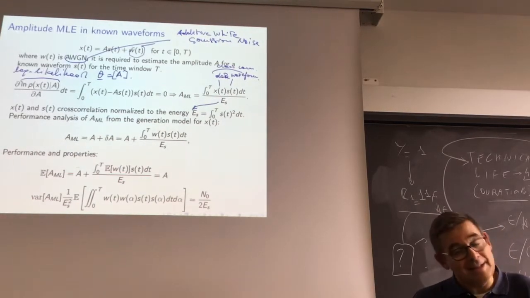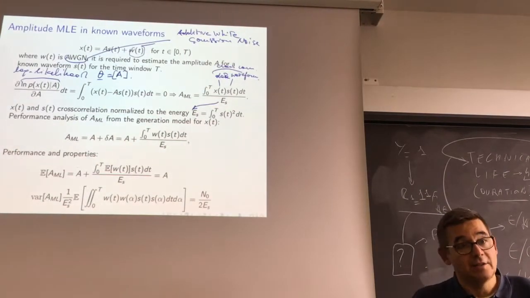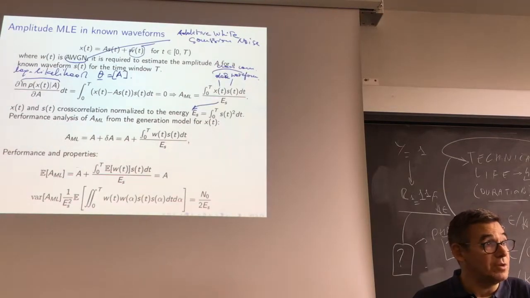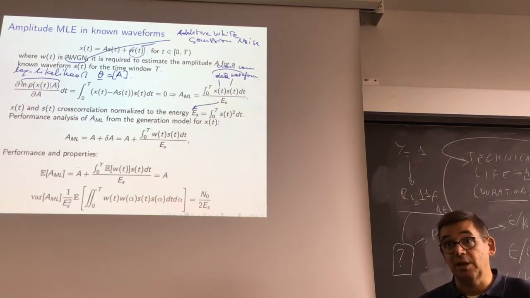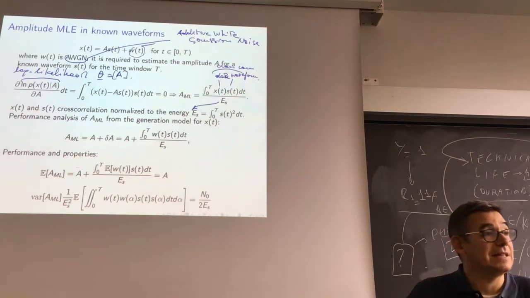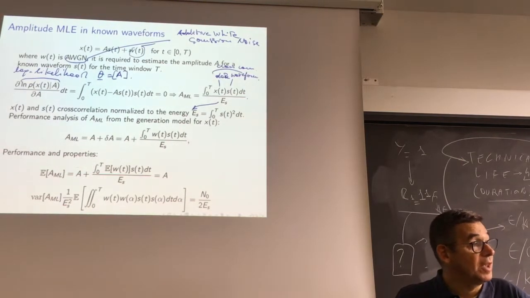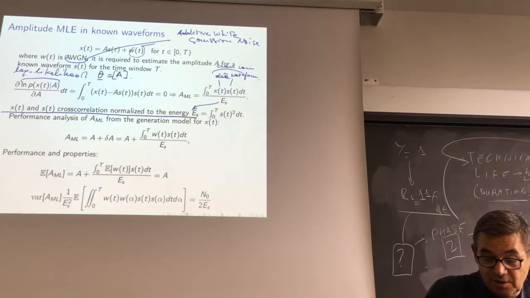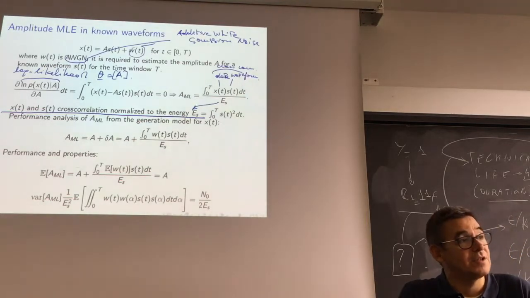Now, since this problem is linear, in the sense that it's very simple, it is very nice to use this simple estimator to make the analysis of the performance. So, how to make the analysis of the performance? The estimator finishes here.